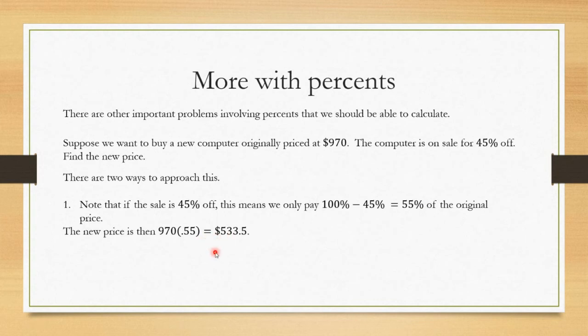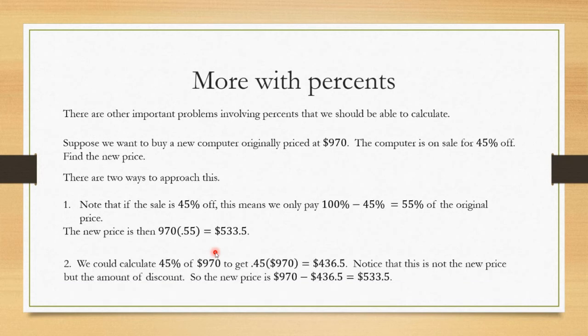The other way, the way you probably were thinking of if you have ever done this before, you get 45% of 970. But this is not the new price. This is how much they're taking off. This is the discount, in other words.